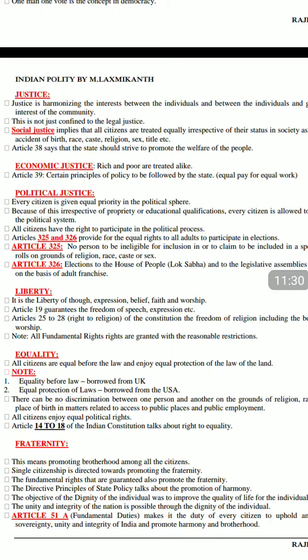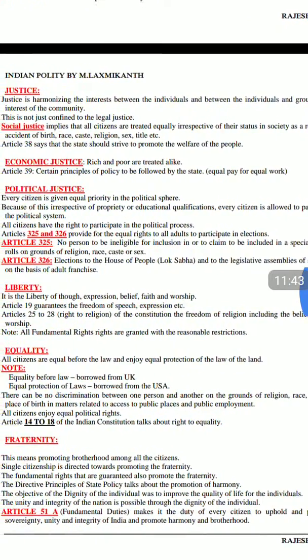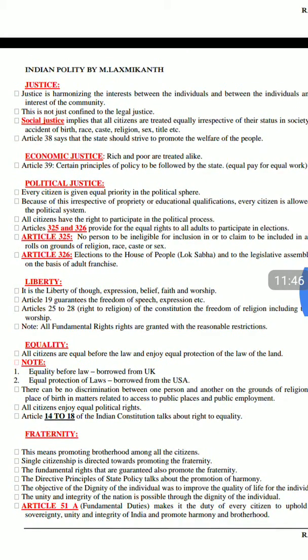Political justice: each citizen is given equal priority in the political sphere, irrespective of property and educational qualification, and is allowed to participate in the political system. Under Articles 325 and 326, equal rights are provided to all adults to participate in elections. That is the universal adult franchise.